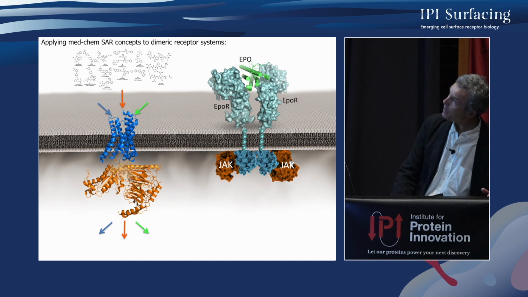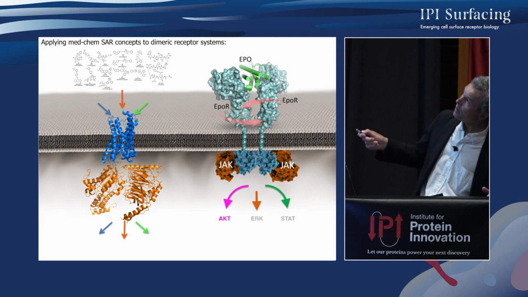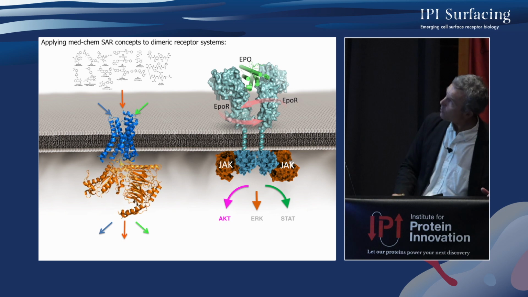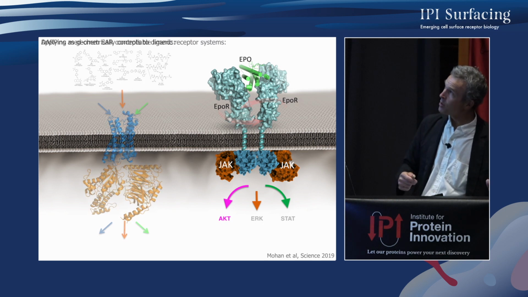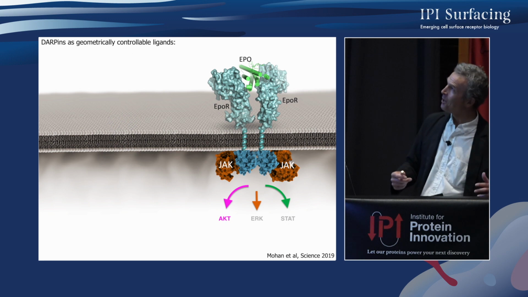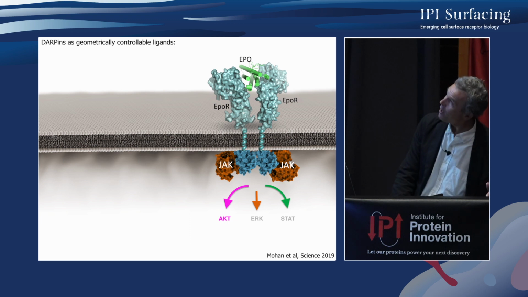Maybe by changing the geometry, we could bias cytokine signaling in similar ways that small molecules can bias GPCR signaling. Brian Kobilka's in the next lab. He's gotten a lot of attention for GPCRs. I wanted some of that action, and so we went down this path.